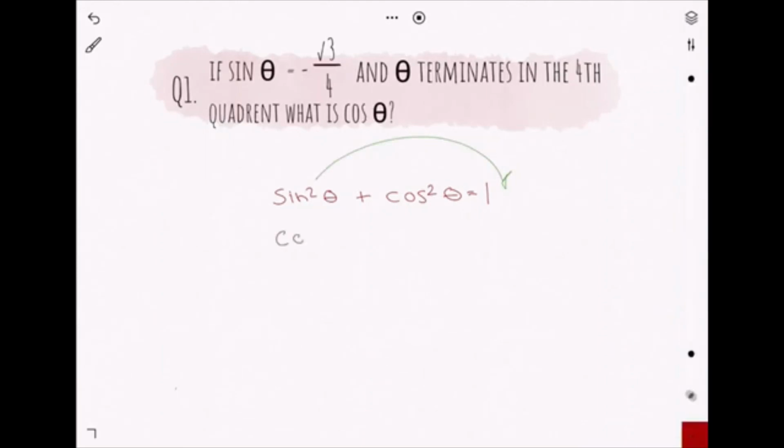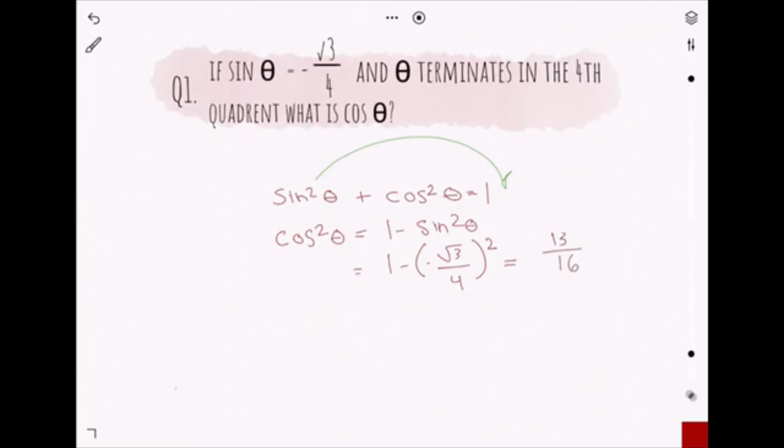So you would have cosine squared of theta equals 1 minus sine squared of theta. Now you would want to write the fraction you've been given. Instead of sine squared theta, put down your parentheses and write the fraction, negative square root of 3 over 4, squared. If you put this in your calculator, you would get 13 over 16.